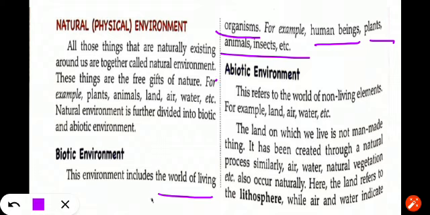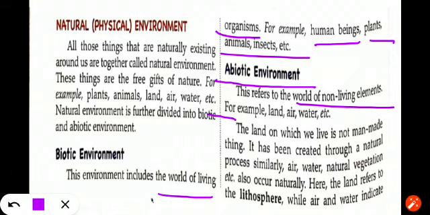Secondly, we will discuss abiotic environment. This refers to the world of non-living elements. Non-living elements means, suppose, land, air, water, etc. The land on which we live is not a man-made thing, right? So, it has been created through a natural process.